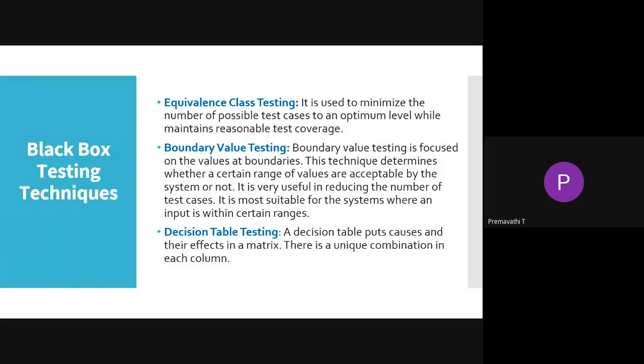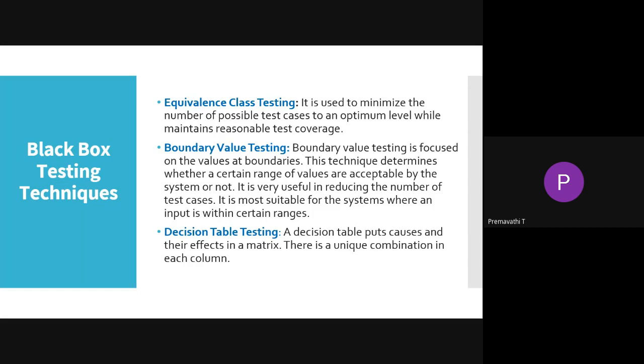Black box testing follows the STLC, the software testing life cycle, and it is almost the same as the SDLC, the software development life cycle. It is relative to every stage of the software life cycle, so we have to match the STLC with the SDLC.